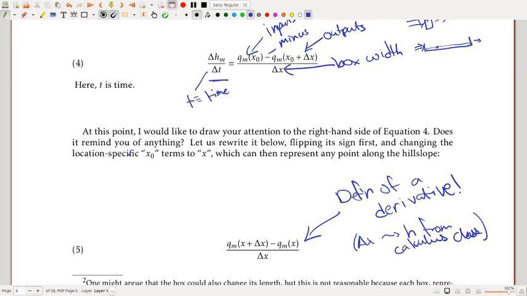And so what that means is that it would be the definition of a derivative, rather, if we took the limit as delta x approaches 0 of this whole thing. And so what that means is that this over here is going to equal dq sub m over dx.